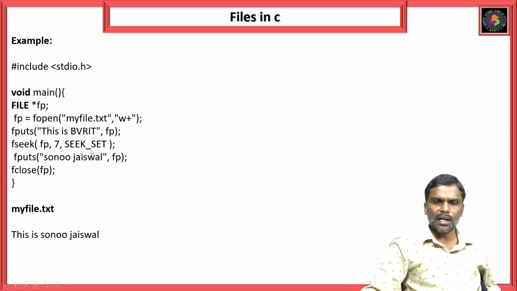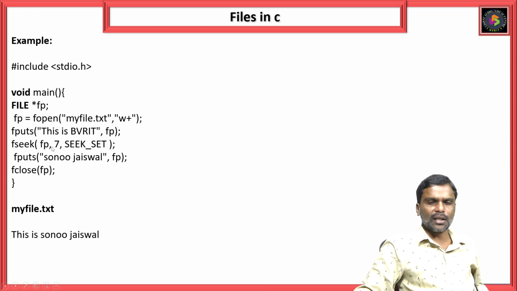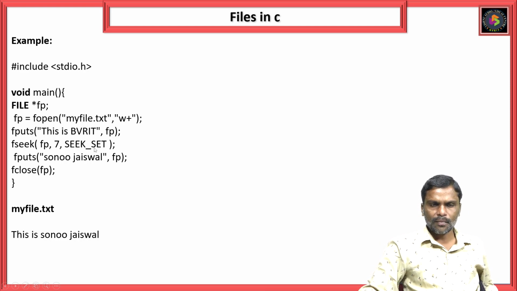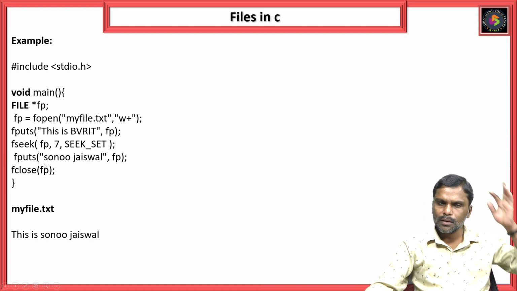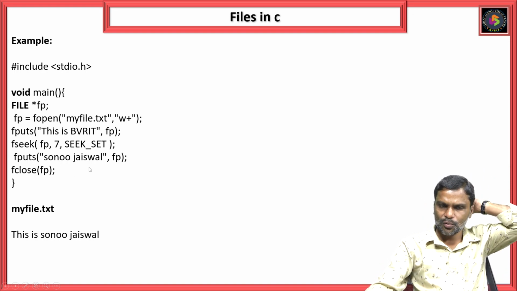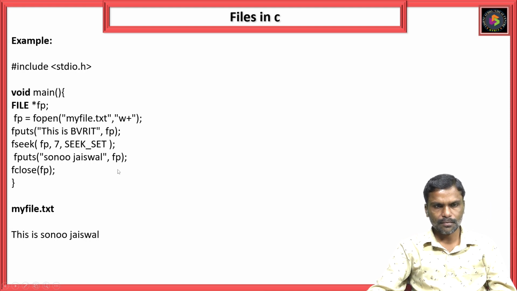We can use it like this, or simply fp, 7, and SEEK_SET; you can take the value here also. And what is our output? Sonu Jaiswal, and the same output will be displayed in the slide.